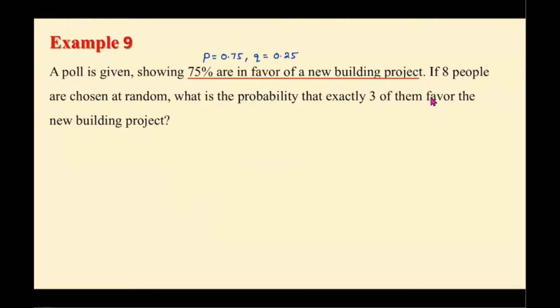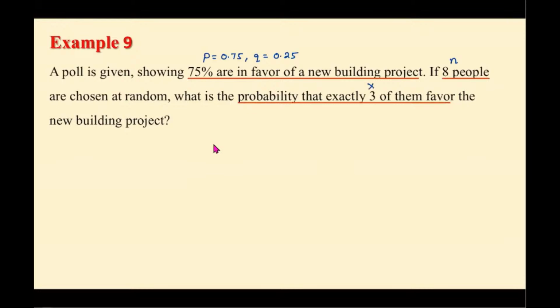And here they're asking about exactly 8 people. Exactly 8 people are asked, meaning n is equal to 8. Out of these 8 people asked, what is the probability that exactly 3 of them favor the new building? We have to find the probability that exactly 3 of them favor the new building, meaning x is equal to 3.